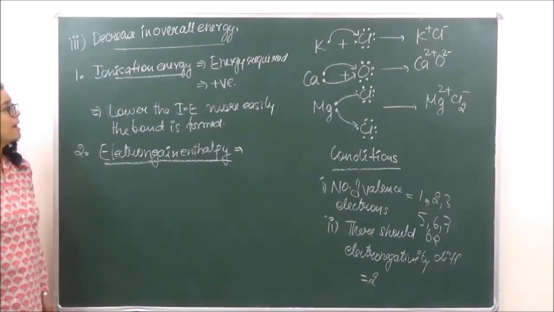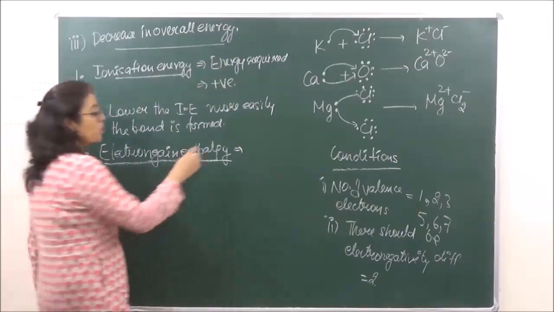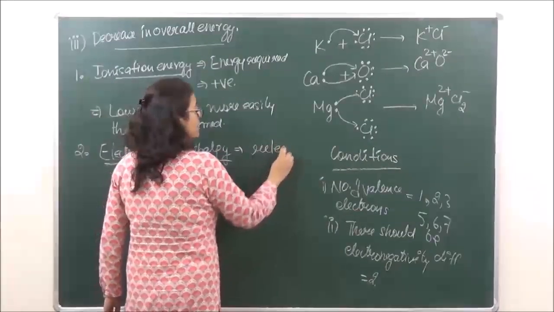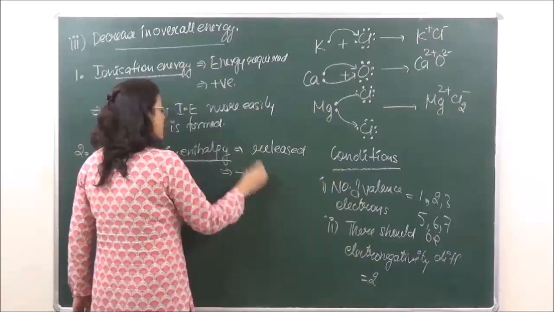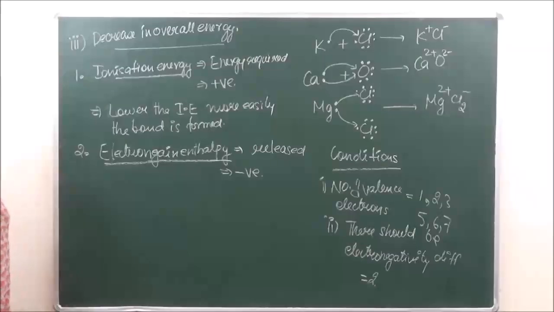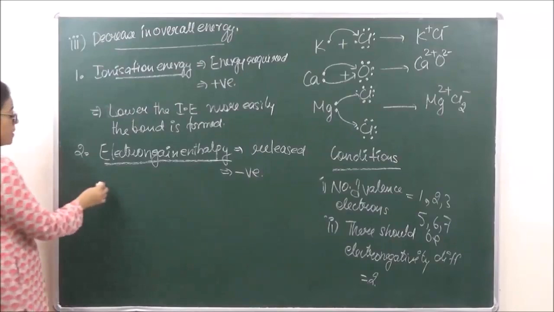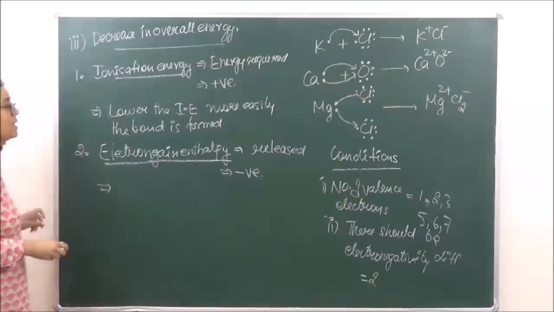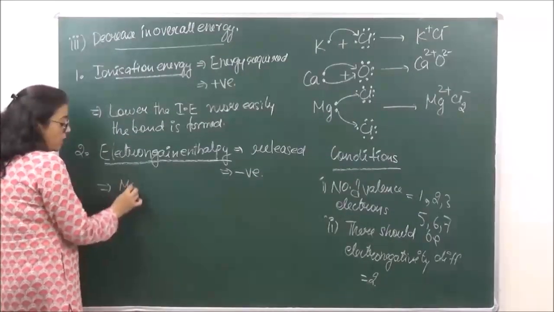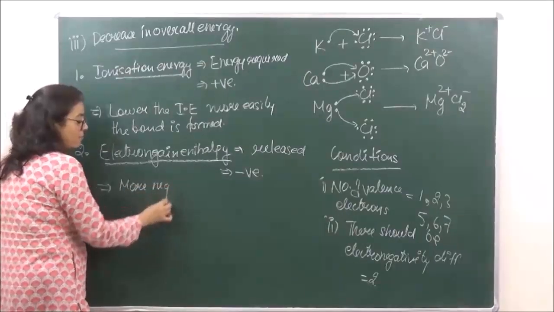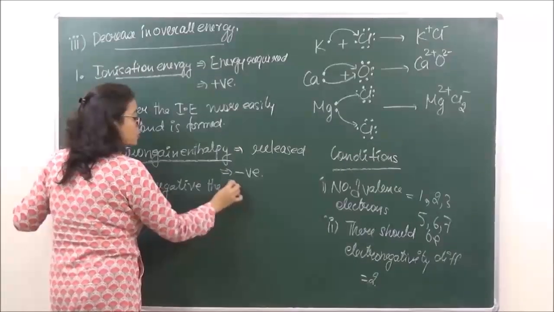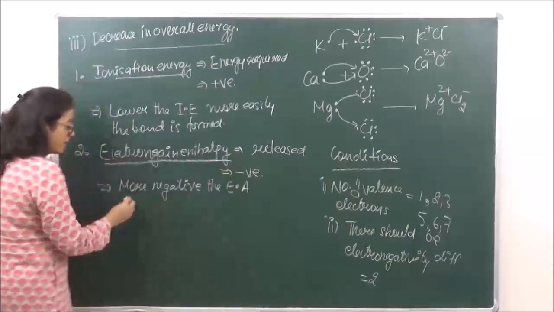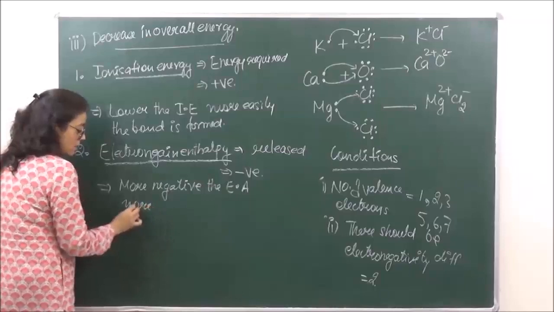Because it is the amount of energy released, we say that this energy is going to be negative. Okay, so in order to form an anion, the higher, or in other words more negative, the electron affinity, the more easily the anion will be formed.